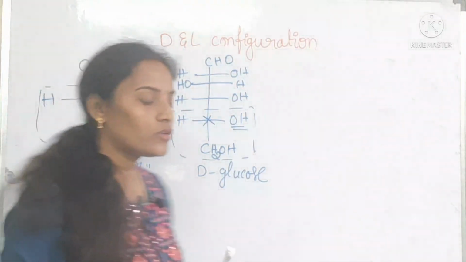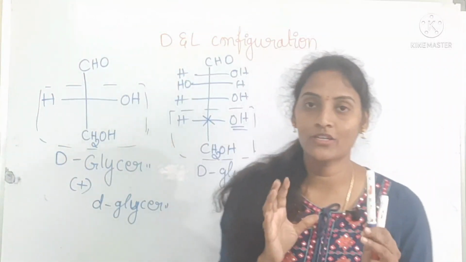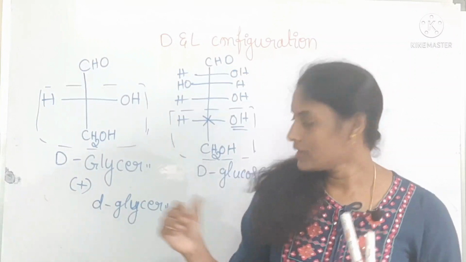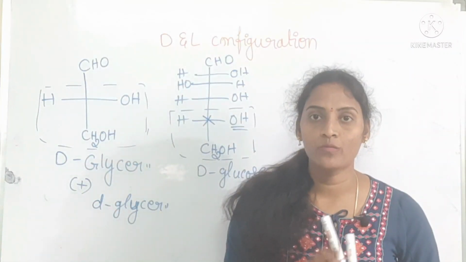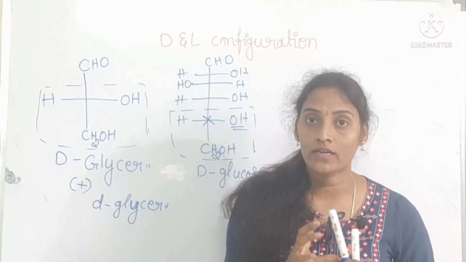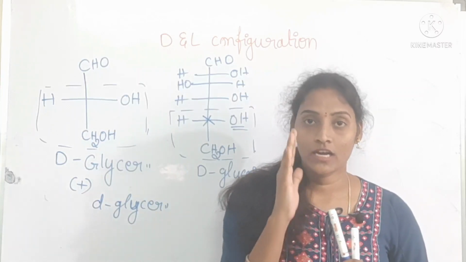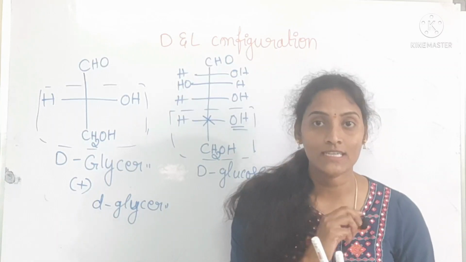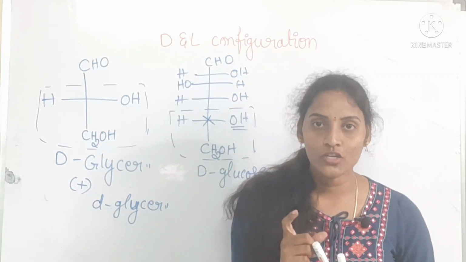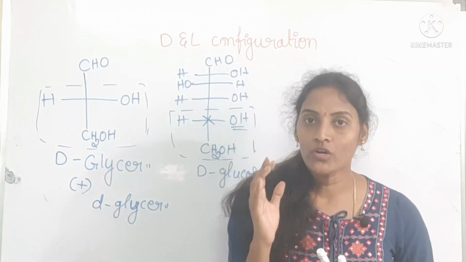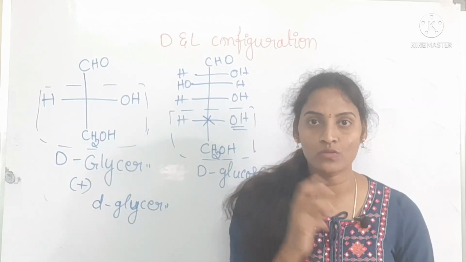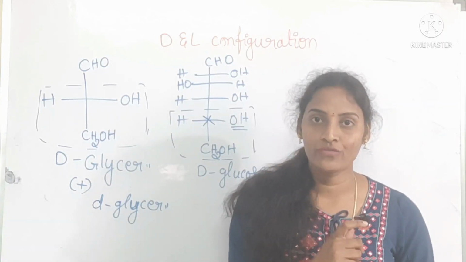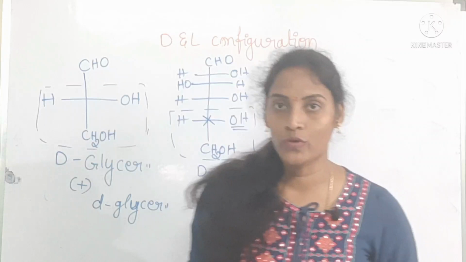Seeing this, you may conclude that we can directly assign molecules which have dextrorotation to the D configuration, and molecules which have levorotation to the L configuration, but that is wrong.